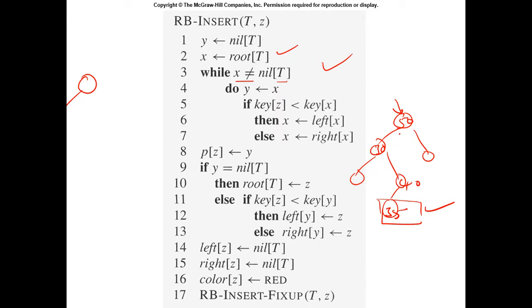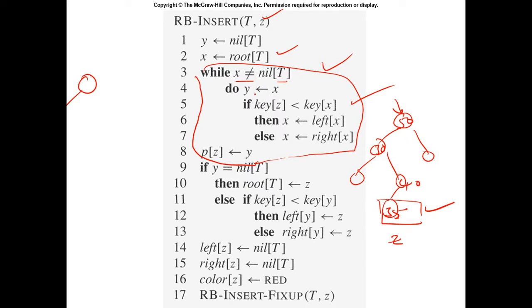Since 35 is less, you move here. So exactly here, this particular logic is finding you the parent of this particular node, the node which you want to insert. The node you want to insert is nothing but z here. This is z.